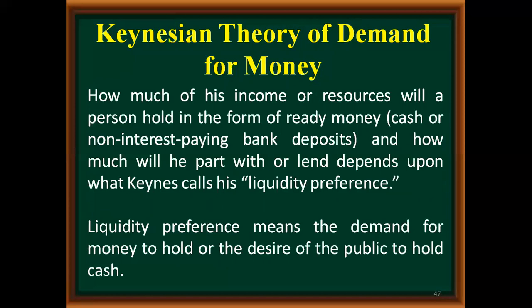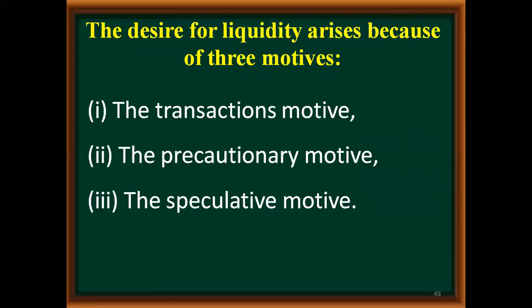That means how much money people would like to hold in the form of cash is known as liquidity preference. Now, Keynes has given three reasons, three motives, for which cash is demanded or desired. These three motives are known as the transaction motive, precautionary motive, and speculative motive.